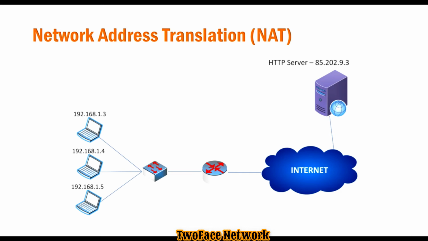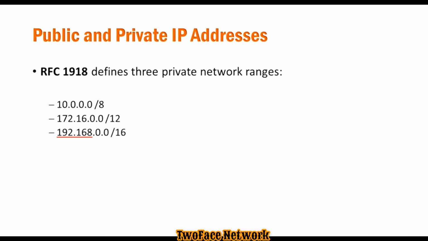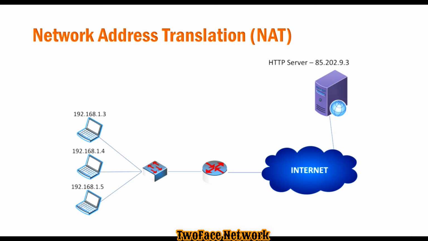NAT is network address translation, and it helps us translate our private IP addresses into public IP addresses that are actually allowed on the internet. So the private IP addresses we talked about in the past couple of minutes, they're not even allowed on the internet, so we have to translate our private IP addresses to public ones.